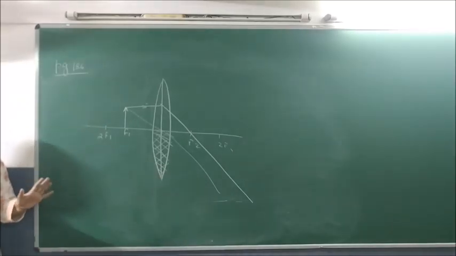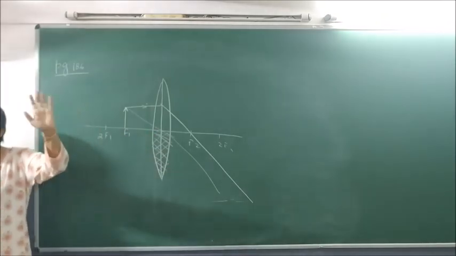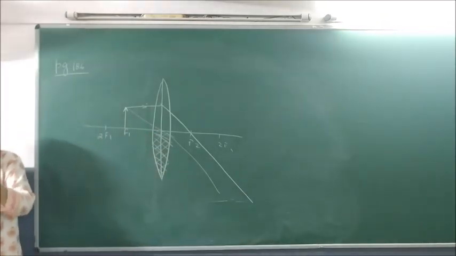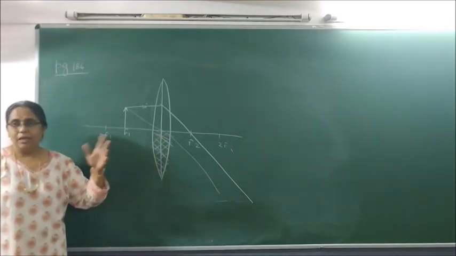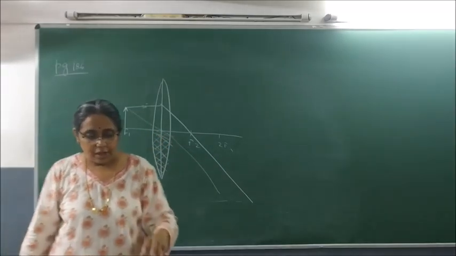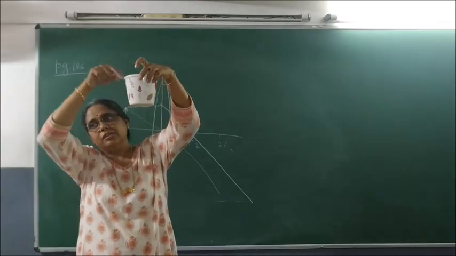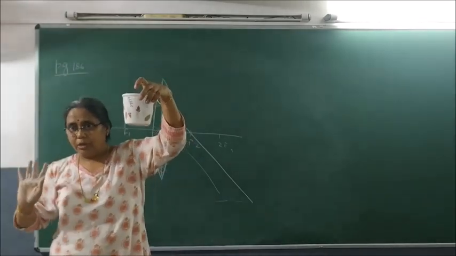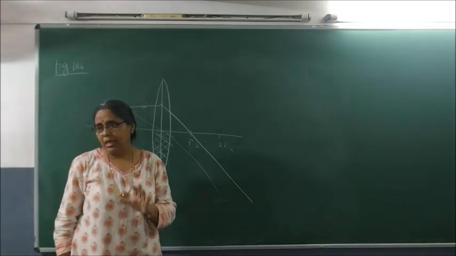My rays I have not drawn correctly. So it will go and form a real inverted image at infinity, but then the image will not be as bright because the amount of light which we are getting will not pass. You may think I am passing through the surface, but if I cover this part, rays still will pass through. Clear? So the intensity of the image will be very, very less.